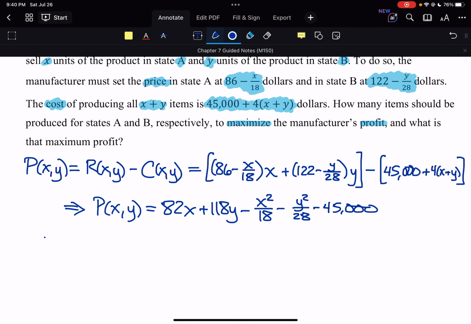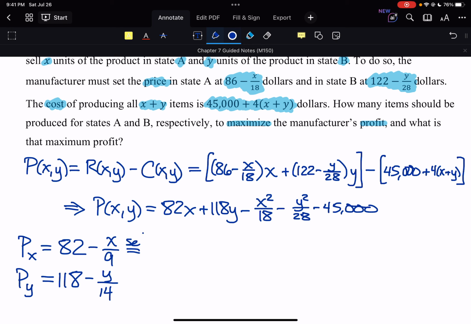Let's go ahead and take Px. That's 82 minus, bring down the 2, just x over 9. The other terms are 0 with respect to x. Then Py is 118 minus y over 14. Similar.